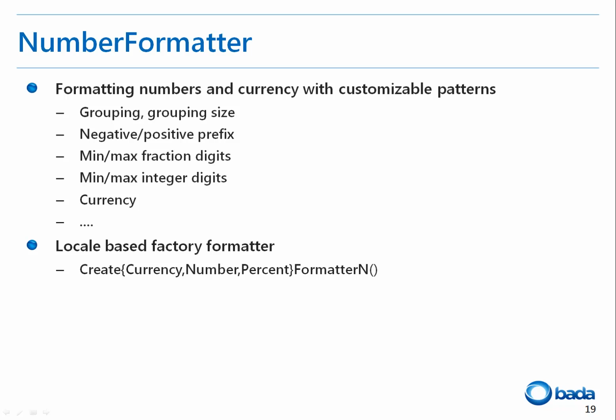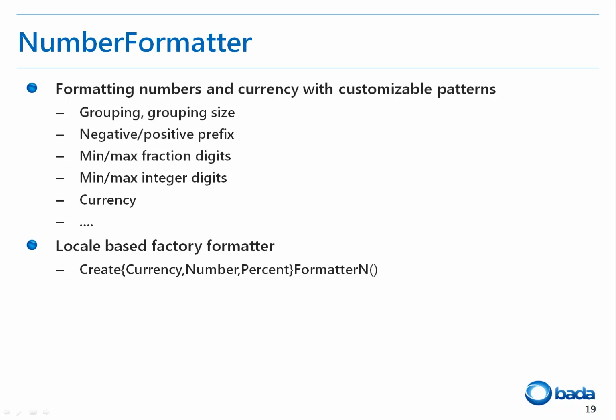Number formatter converts a number into a specified format and helps format numbers for a specific locale. For example, it's similar to changing the format of a number when you enter a number in a spreadsheet program, such as Microsoft Excel.